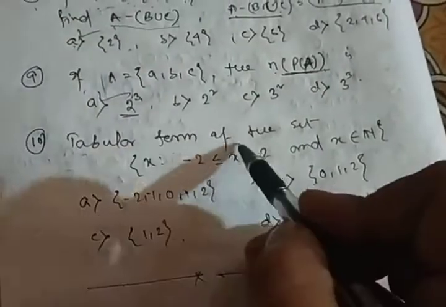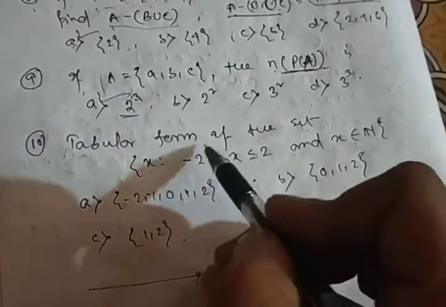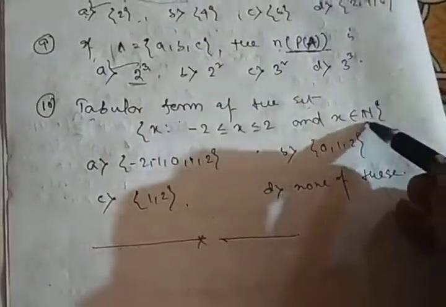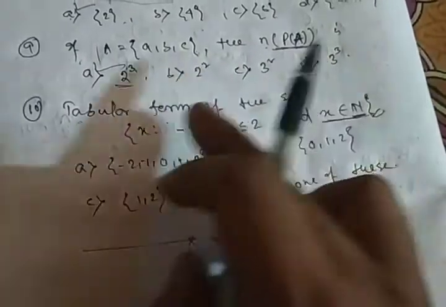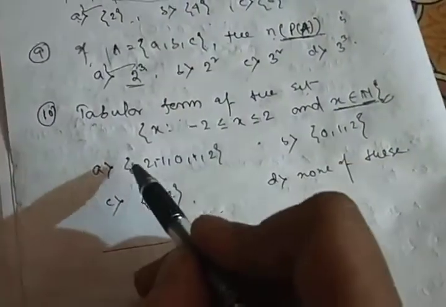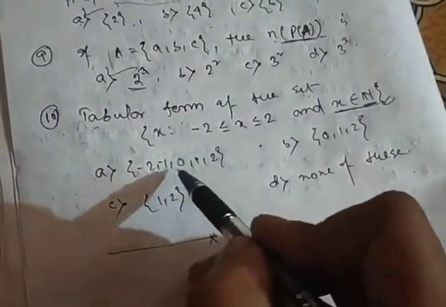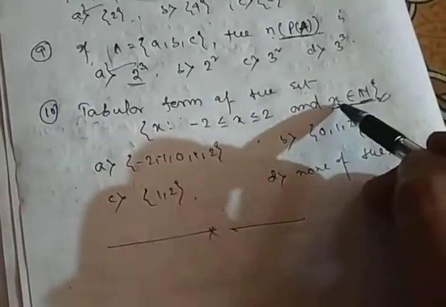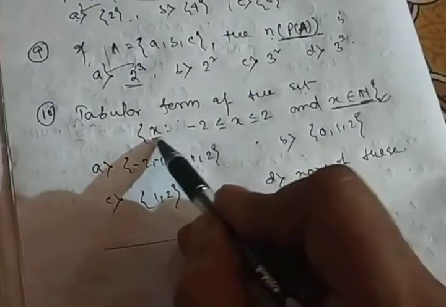Write in tabular form the set X such that -2 less than or equal to X less than or equal to 2, and X belongs to natural numbers. Mind it, X belongs to natural numbers. Now if we forget to use this part, then anyone can write the set in tabular form as -2, -1, 0, 1, 2, but this is not true, as the set contains only natural numbers.